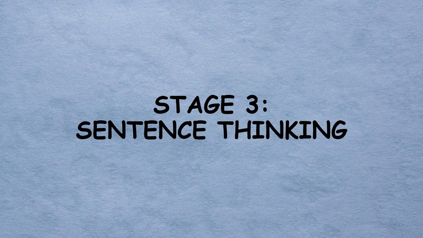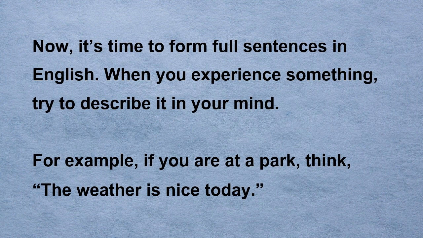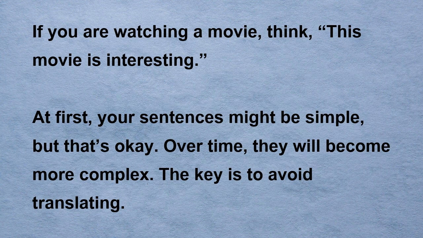Stage 3, sentence thinking. Now, it's time to form full sentences in English. When you experience something, try to describe it in your mind. For example, if you're at a park, think, the weather is nice today. If you're watching a movie, think, this movie is interesting. At first, your sentences might be simple, but that's okay.